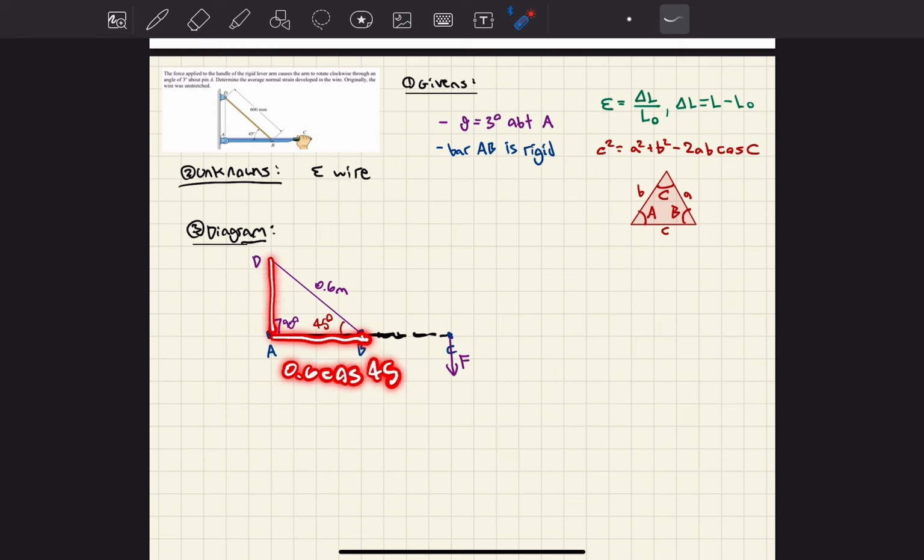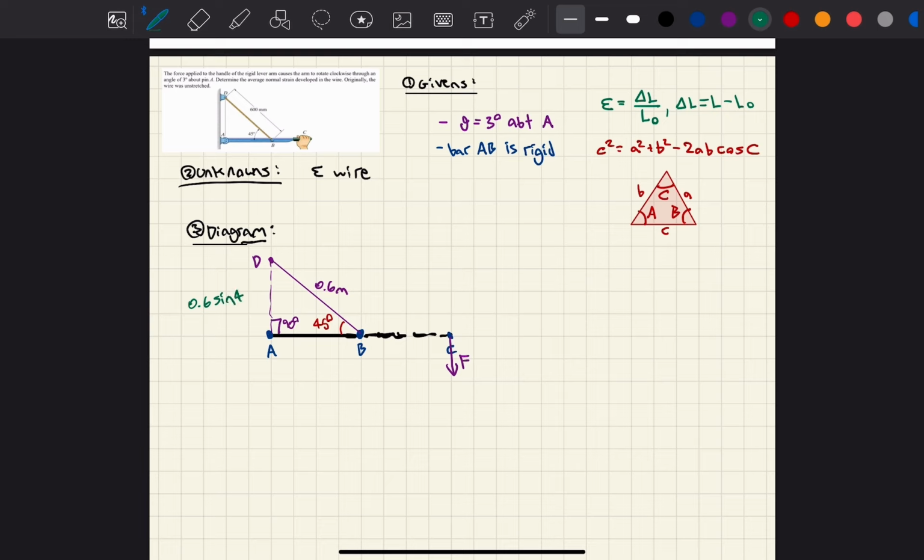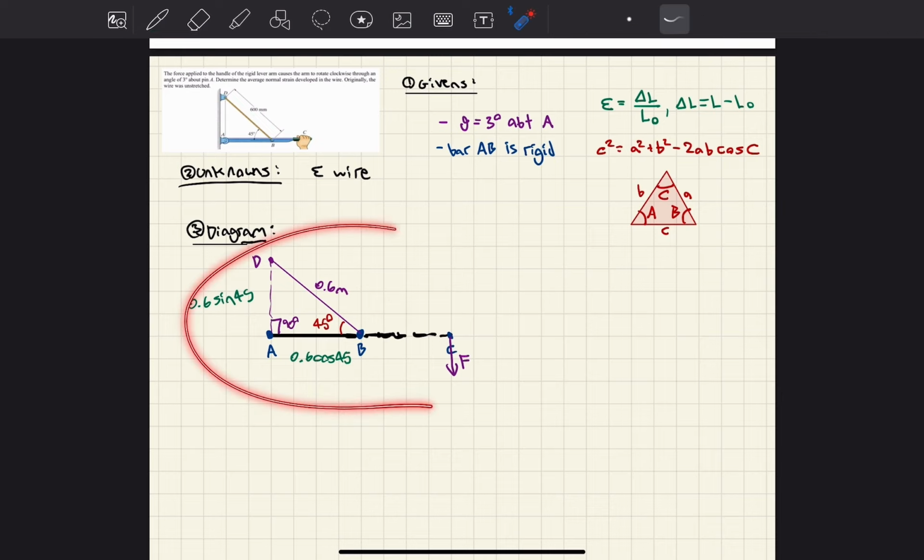Can I find this distance right here? Yep, it's 0.6 sine of 45, right? I'm going to write that down. This distance on the right is 0.6 sine 45, and this one is 0.6 cosine 45, right? I think that's a pretty accurate representation of this drawing.